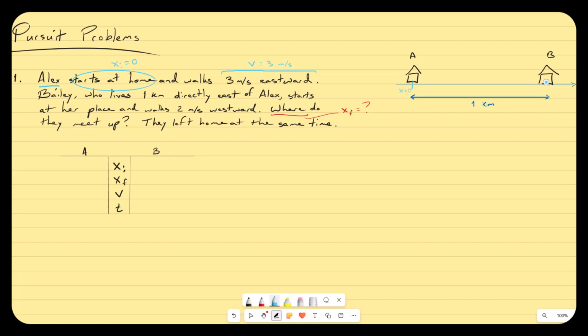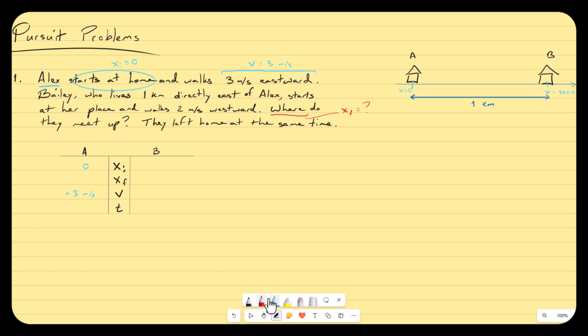But that means that Bailey's place, which is a kilometer away, is x equals 1,000 meters. Alex starts off walking 3 meters per second eastward. To the right was the positive x direction. So Alex starts at 0, is walking at 3 meters per second, and it's to the right, eastward, which we are calling positive.